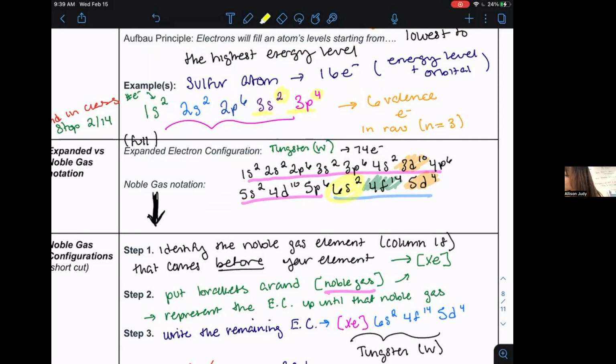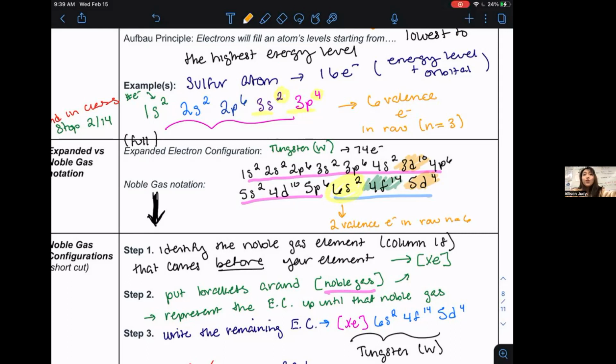So for tungsten, tungsten has 2 valence electrons in row n equals 6. Even though we technically write that the electrons in 4f14 and 5d are slightly energetically higher, valence is not about orbital energy.